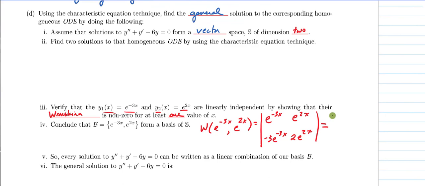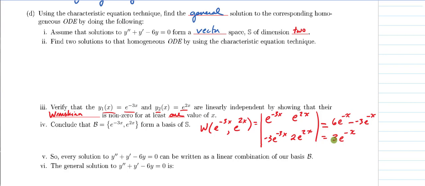And in this case, we get 6e to the minus x, and we're going to subtract from that negative 3e to the minus x, which gives us a positive 3e to the minus x. And this is, in fact, non-zero for all choices of x, which is great.